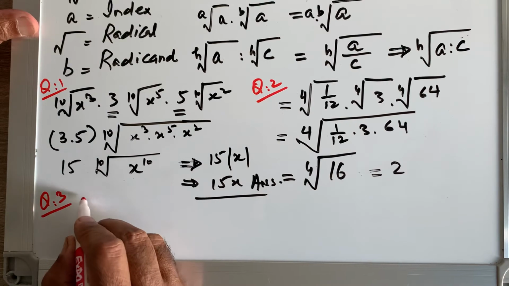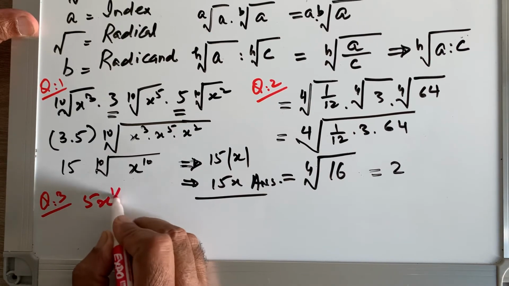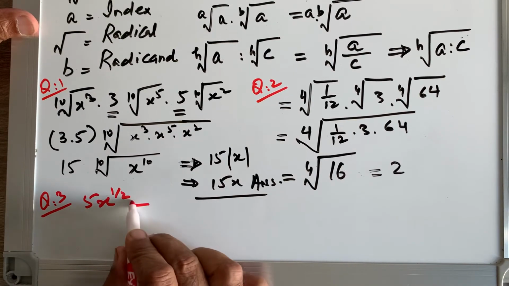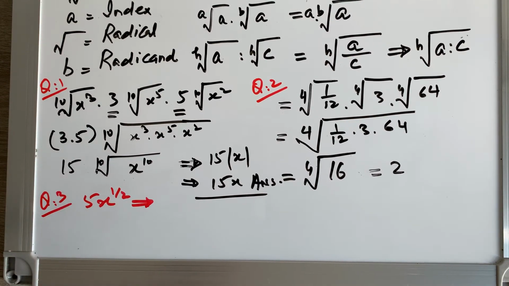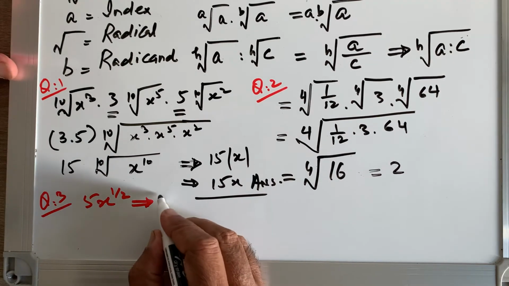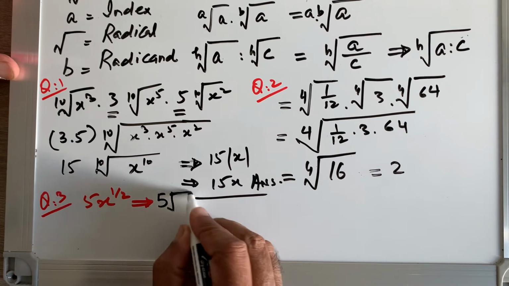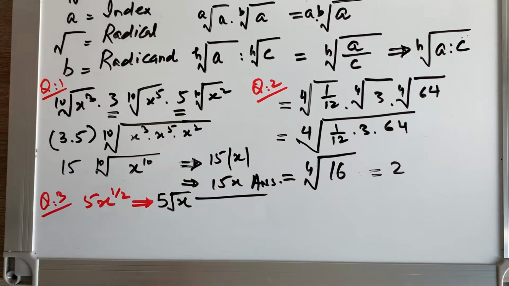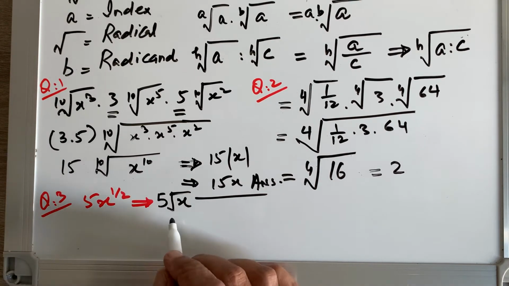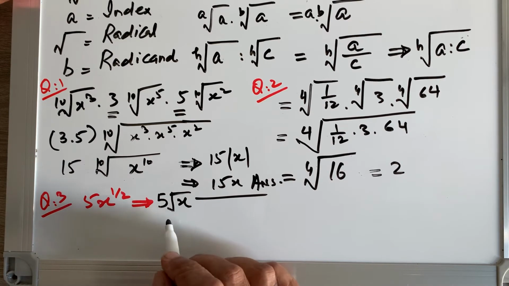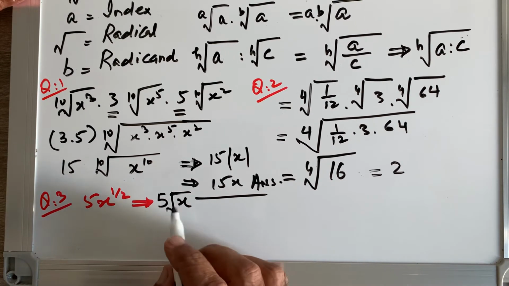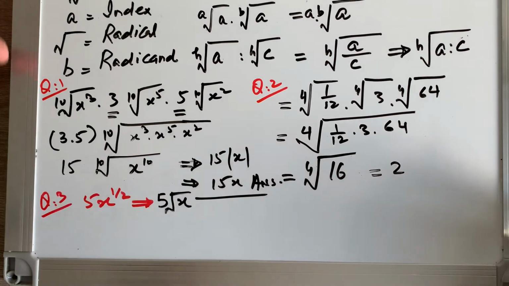So if the question is written 5x to the power half, how can I write it in radical form? I can write this as 5 under root x. So the half power, we do not write on the radical sign as an index. This is understandable.